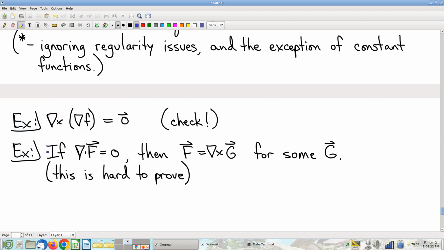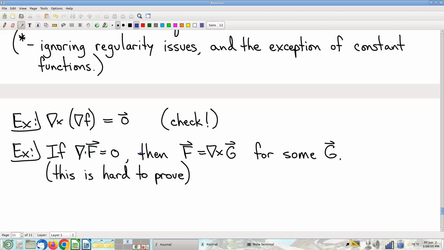A less easy computation, in fact pretty hard, and this is a weird one: if the divergence of a vector field is 0, weirdly, that tells you that that vector field is a curl of something else. It's really hard to see that coming. It's really hard to actually prove it, even if you have somehow got some sense for this. So, a difficult fact to prove, but still true.